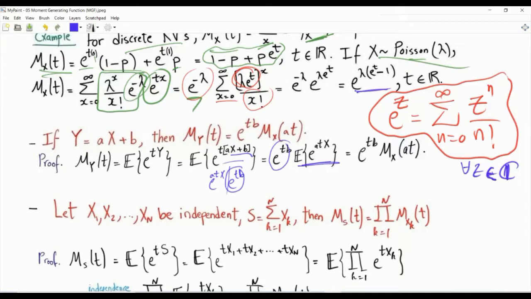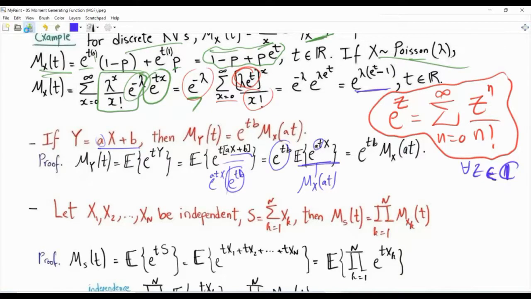This is the expectation of e to some number multiplied by X. So this is the moment generating function of X evaluated at this thing, which is at. Okay, so basically the moment generating function of aX plus b, where a and b are constants, is e to the tb, and then the moment generating function of X itself, but rather than M_X of t, we have M_X of a multiplied by t.